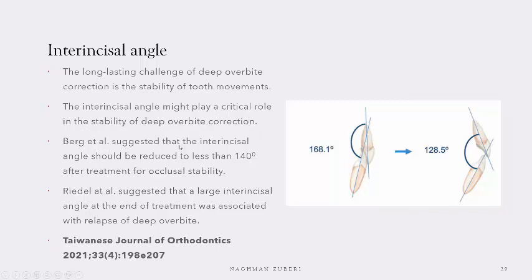Berg et al. suggested that the interincisal angle should be reduced to less than 140 degrees. Average is 135 degrees. A lower interincisal angle is a better choice for long-term stability. Riddle et al. suggested that a large interincisal angle at the end of treatment was associated with the relapse of deep overbite.